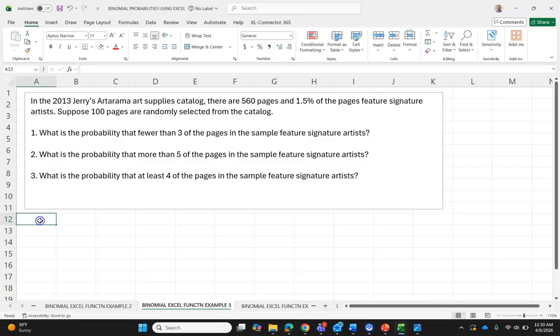And we know that, first of all, we can consider x. And in this case, we are looking at the sample that features signature artist. So we're going to look at the signature.